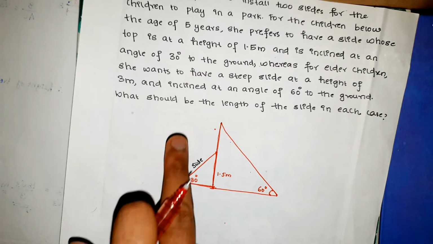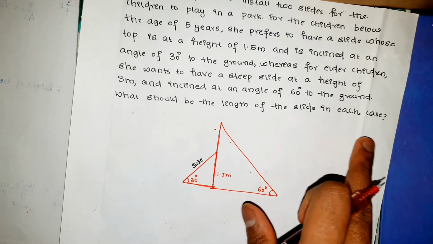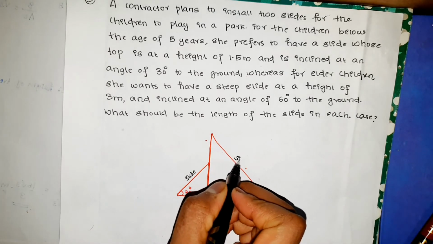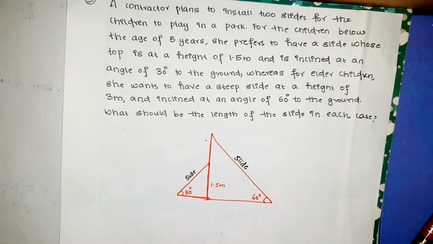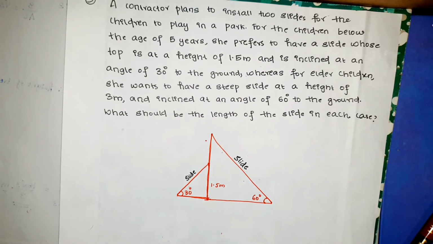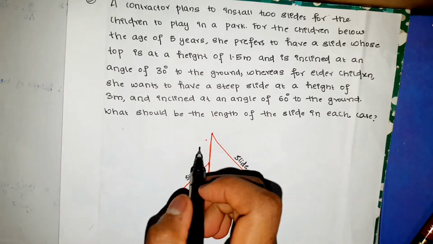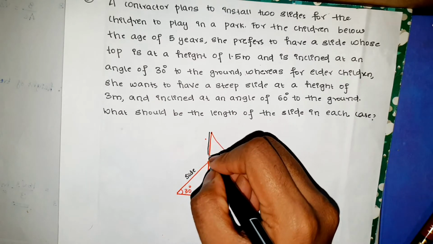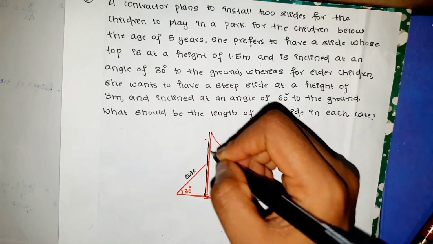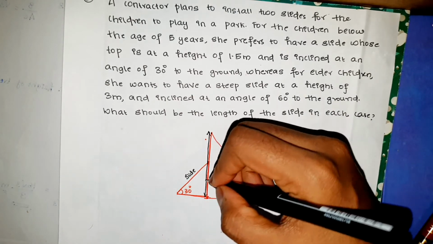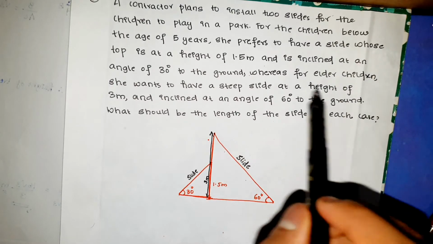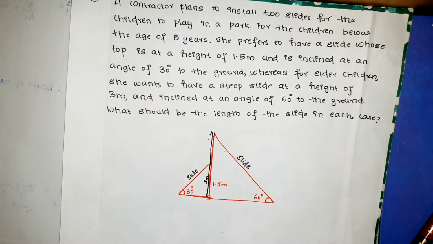What should be the length of the slide in each case? So here, which one is the slide? This is our slide. This full height is 3 meter from the ground.